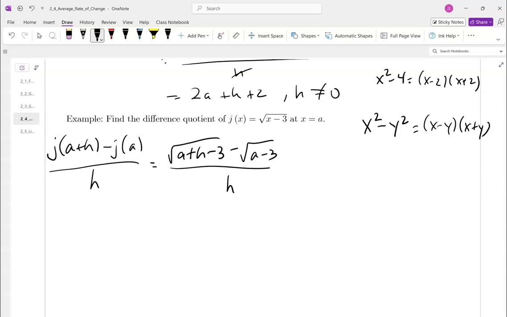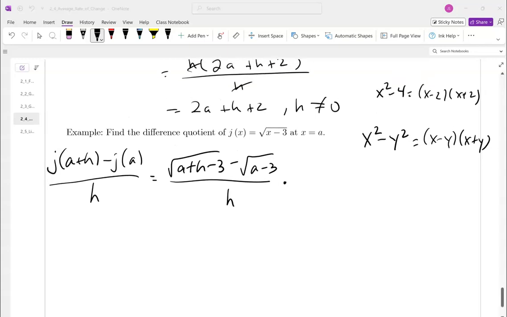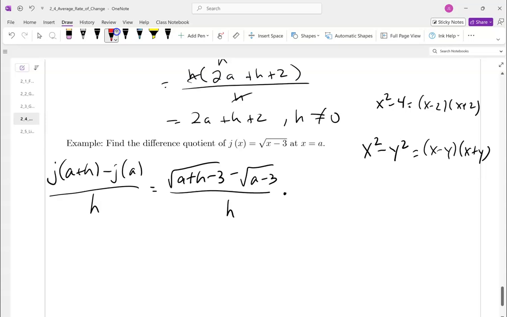Well, if I do x minus y and multiply it by x plus y, I get squares in individual terms. So what do you think I might want to multiply this numerator by to get rid of the radicals? Here, right in red, is x minus y.